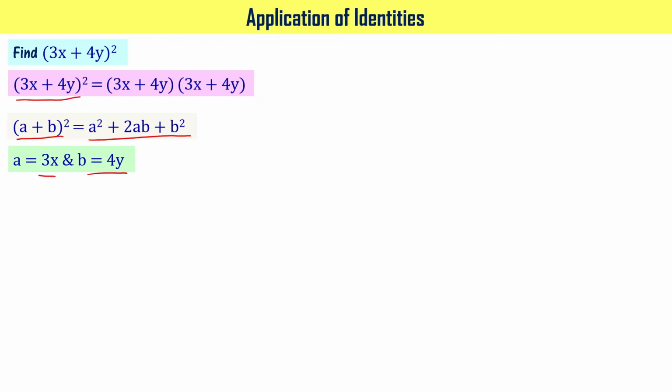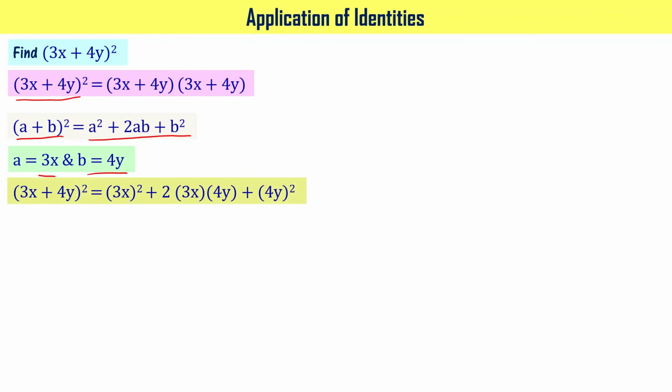How are we going to do that? Simply you write a square equal to (3x) whole square, 2 times ab equal to 2 times 3x times 4y, plus b square is (4y) whole square, right?